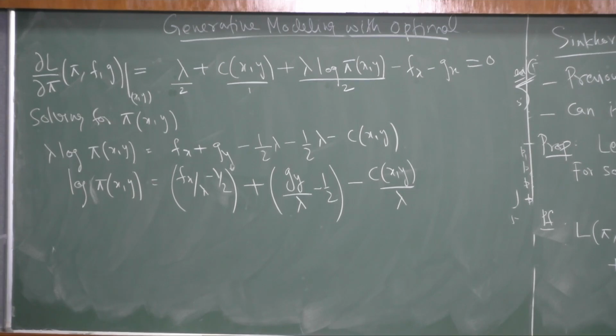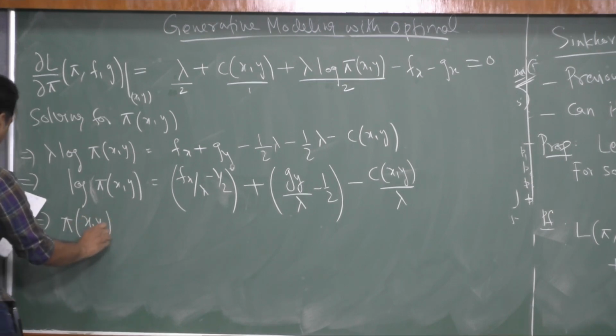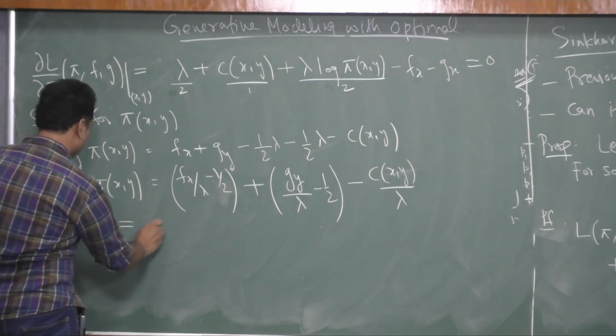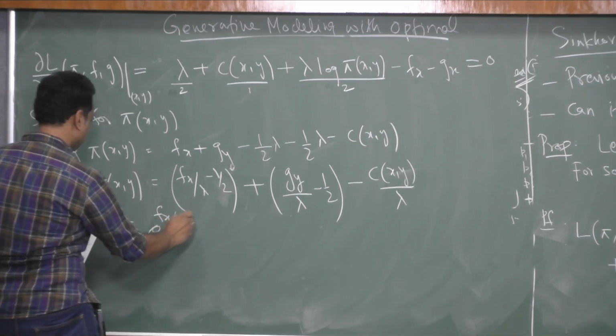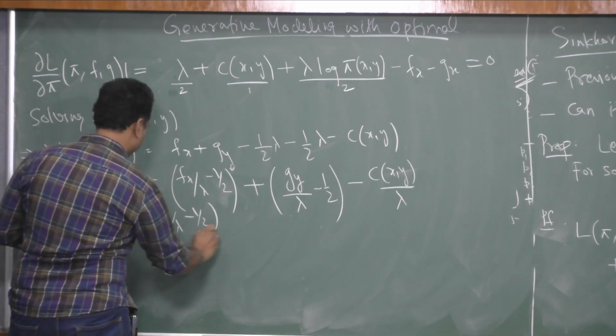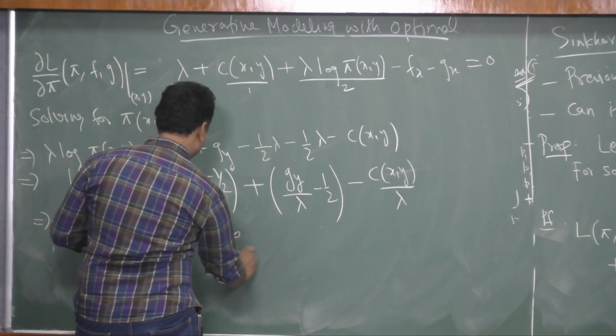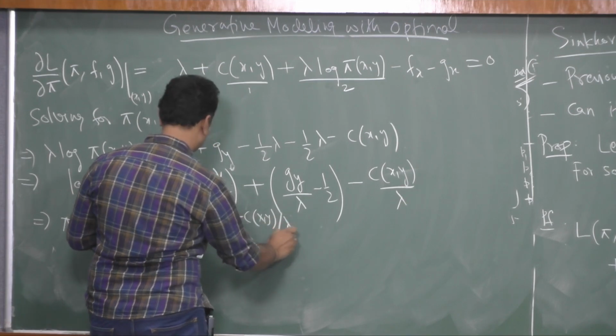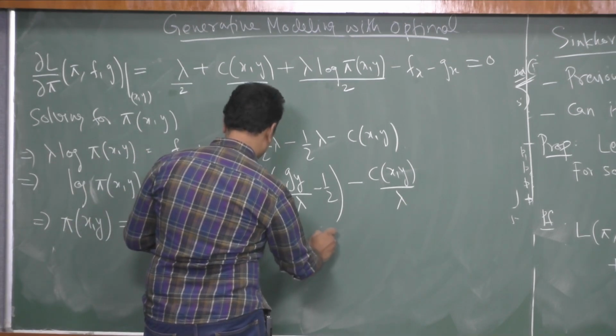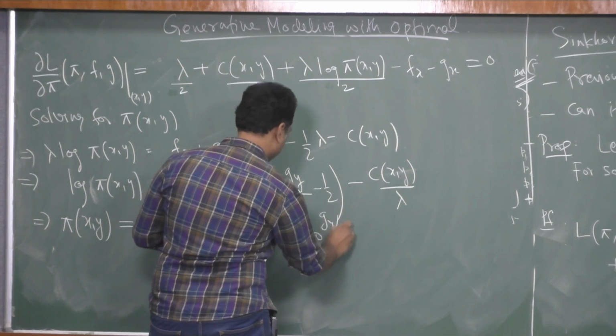We divided by lambda and we did some grouping, and now we will solve for the pi. So this implies pi xy is equal to e to the fx by lambda minus half, e to the minus cxy by lambda, and e to the gy by lambda minus half.